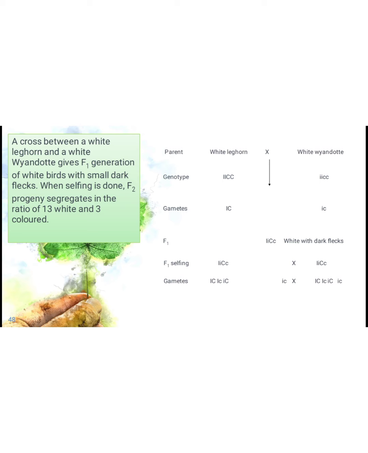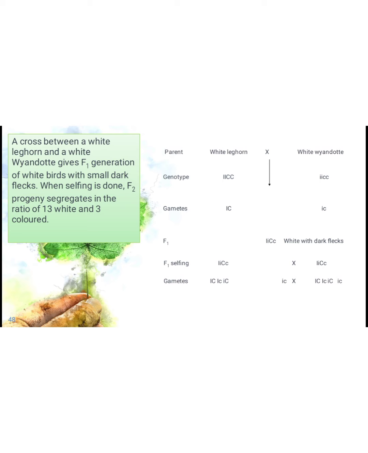When crossing takes place between the Wyandotte and the White Leghorn, the F1 generation produces white with a dark fleck. In the F1 generation it produces white with a dark fleck.